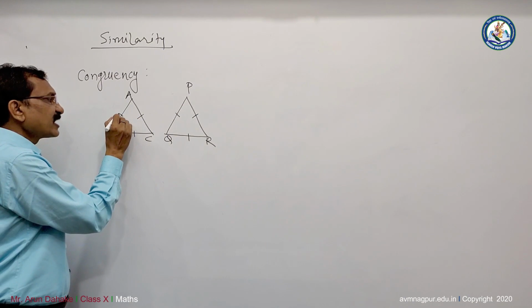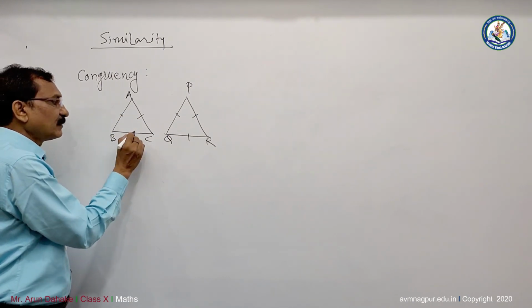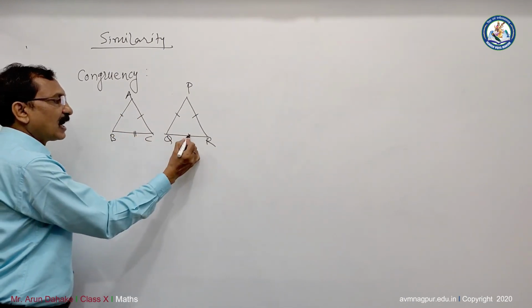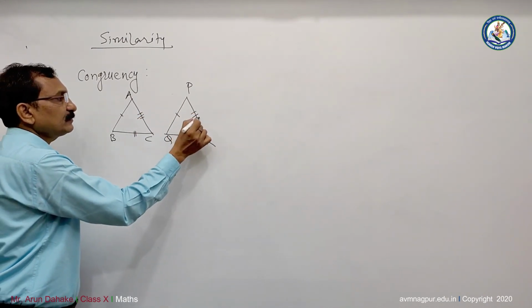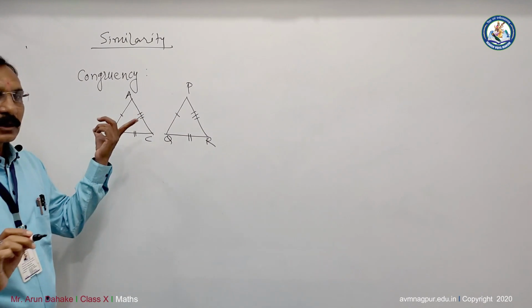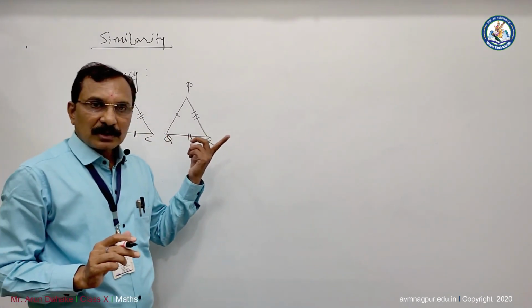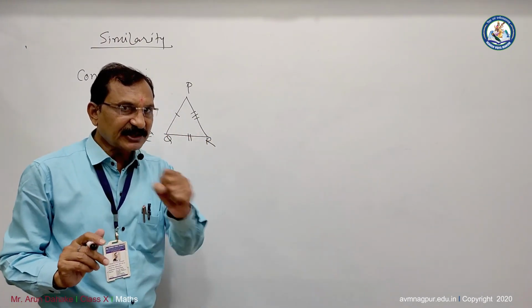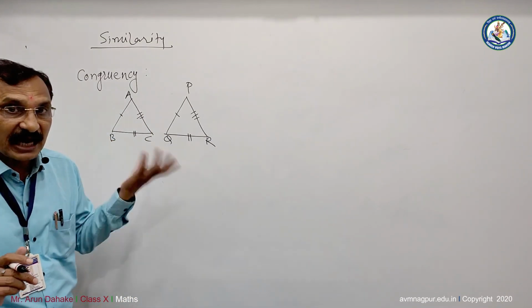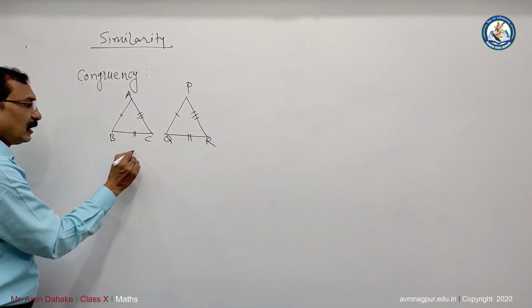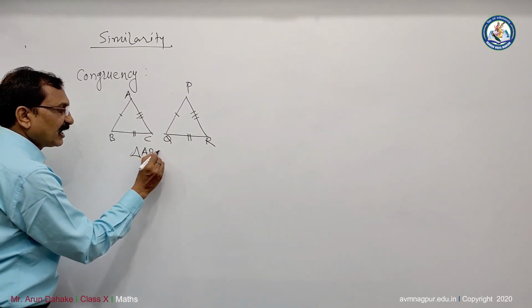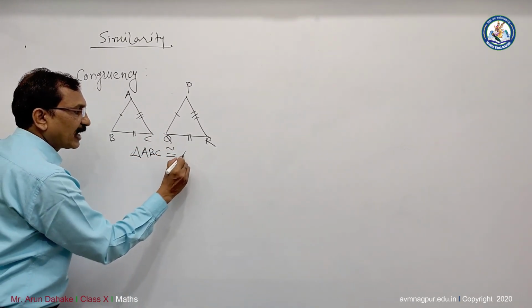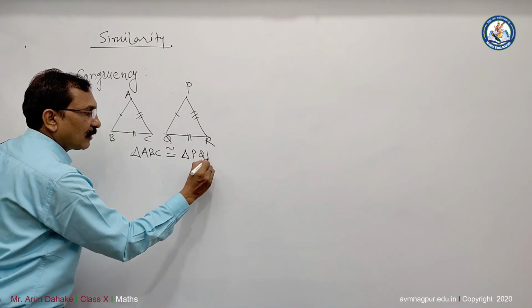Now, like this, identical marks: this is a single identical mark, this is double identical marks, and this is the triple identical marks. Congruency means the figures which have the same shape and same size. Then we can say that triangle ABC is congruent to triangle PQR.